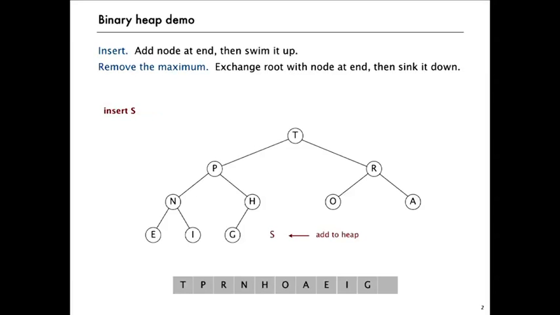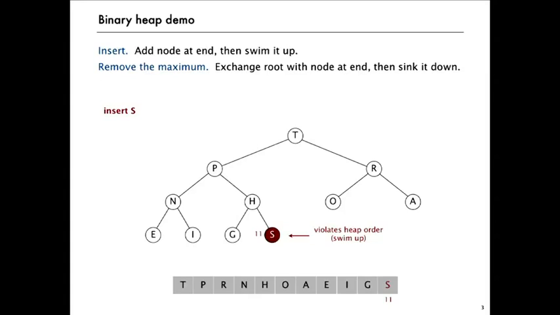So now suppose that we're supposed to add S. To add it to the heap, that's going to go in the position at the end. And then now we've added it to the heap by just incrementing n and putting it in there. But now we have to bring the heap order back into condition. That key is larger than its parent, so we're going to swim it up.